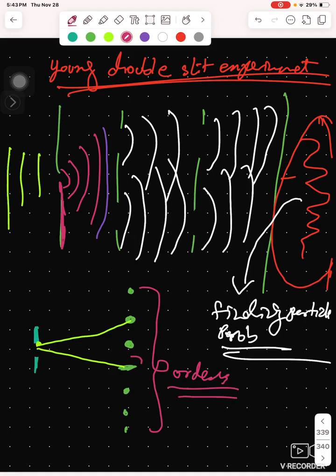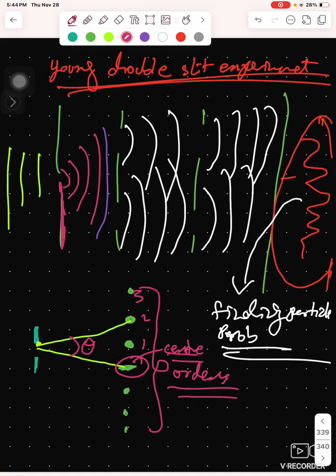The first one, and then 1, 2, 3 and 1, 2, 3, and this was the center order. And this is the angle theta which it makes.